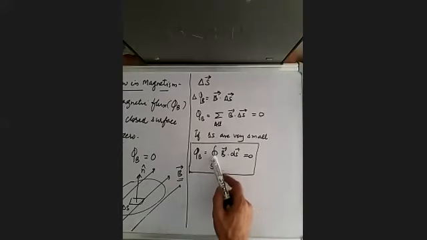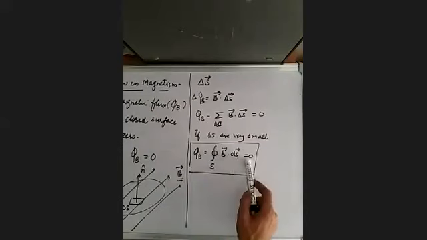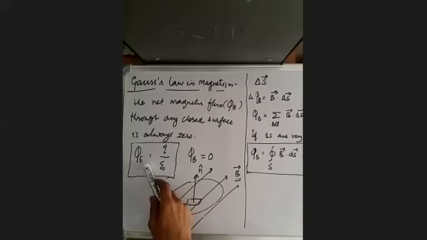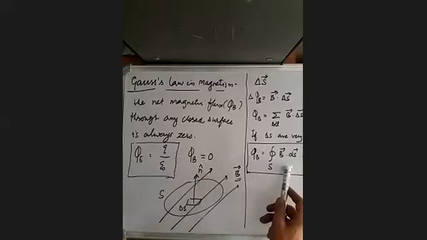So the integral over the closed surface of B dot dS is equal to 0. So that is Gauss's law. This is different from Gauss's law in electrostatics, because the flux in that case is non-zero, but the flux in this case is 0.